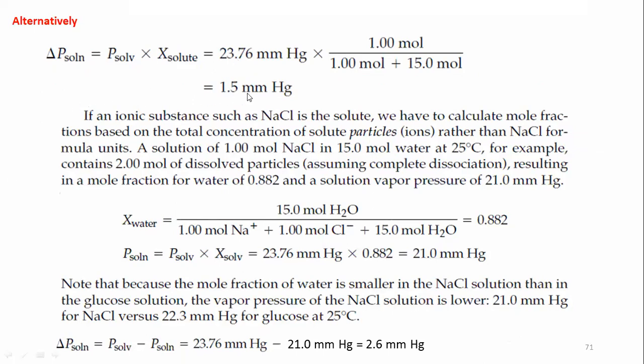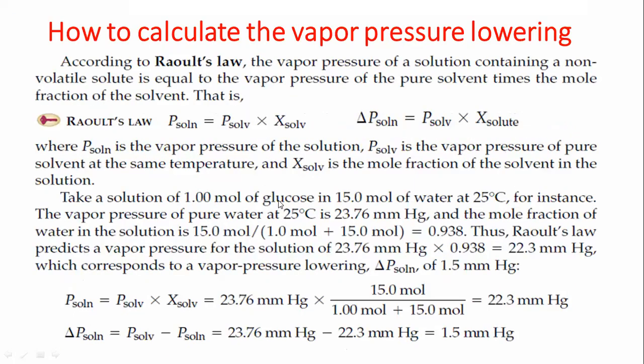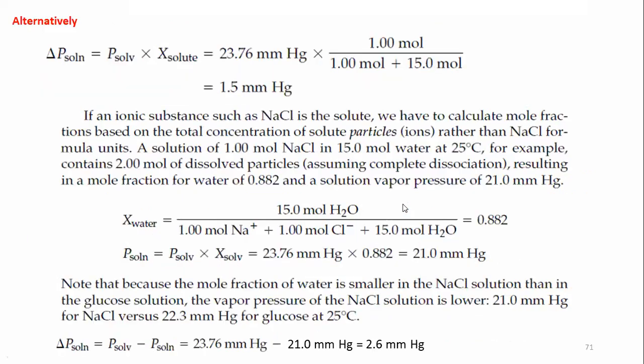Now look at the effect of this solute. In this exercise, this 1.5 mm of mercury is the lowering of vapor pressure when you add 1 mole of the glucose in 15 moles of the water.